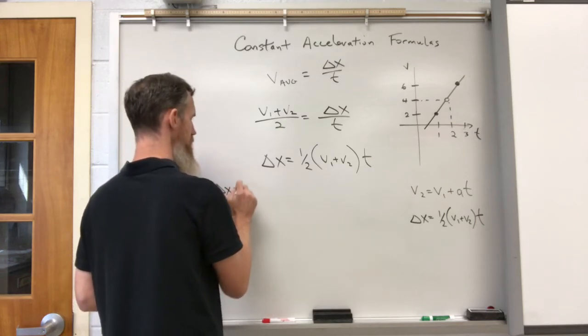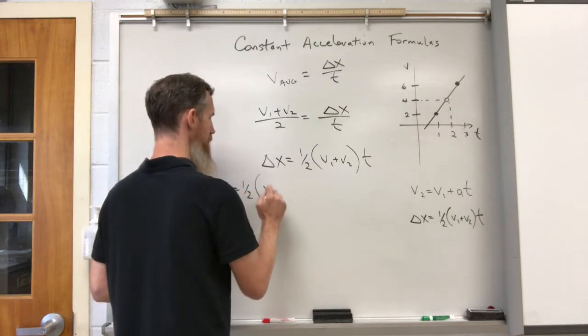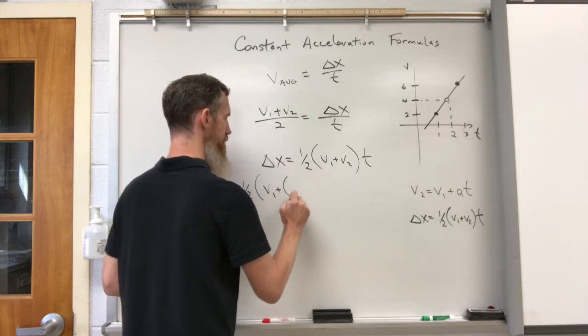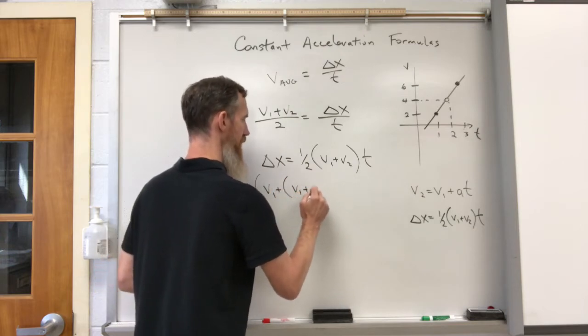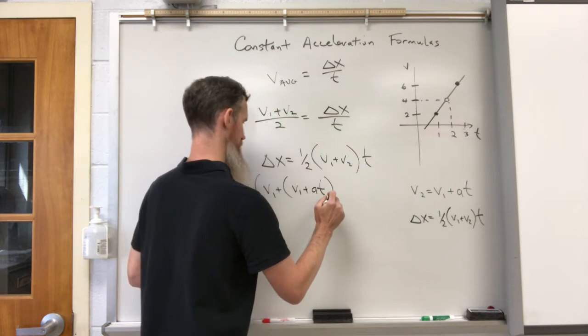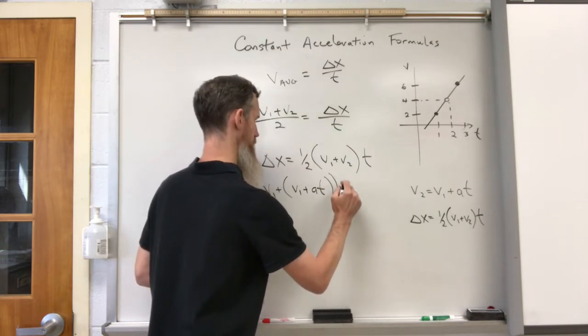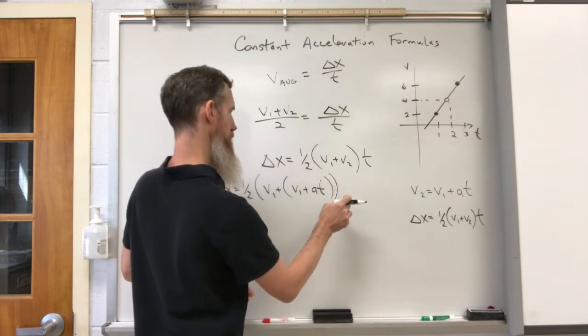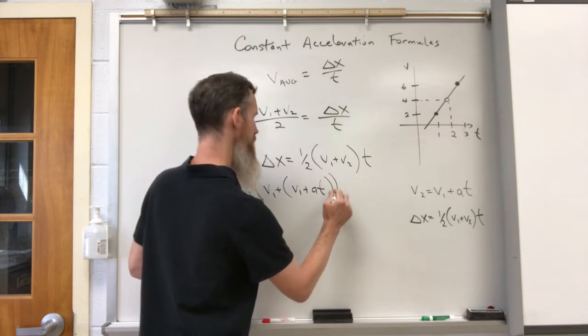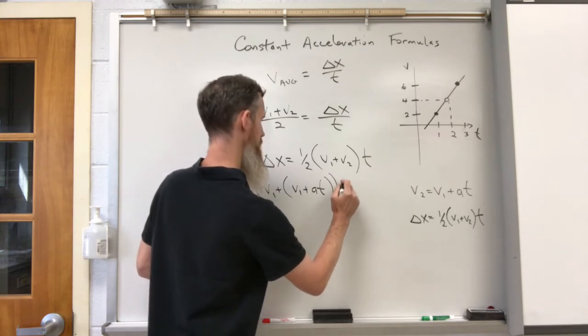Delta x equals 1/2 (v1 plus v1 plus at) times t.